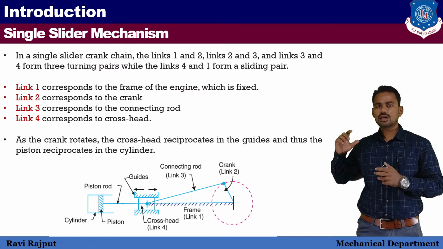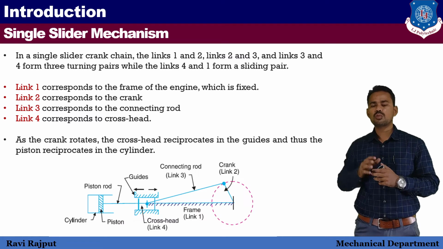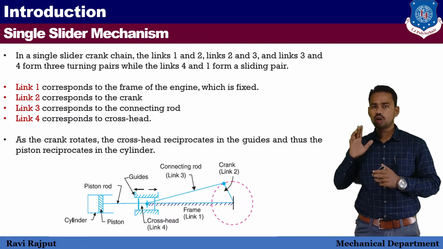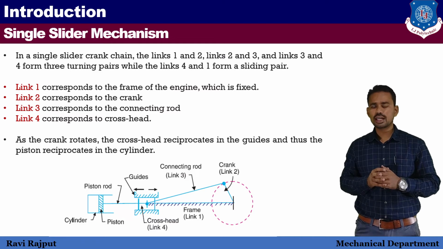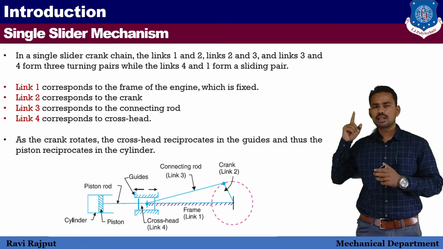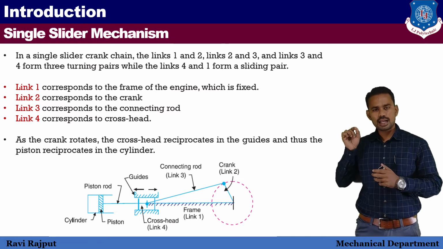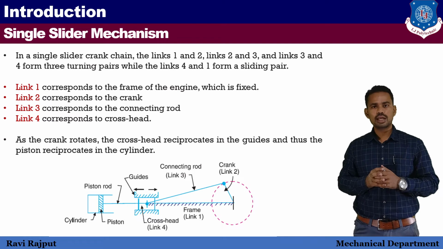After that, this rotating motion is transferred to the piston via the connecting rod. So the connecting rod will be the link between the crank and the piston. The connecting rod and crank will relatively form a turning pair between them.